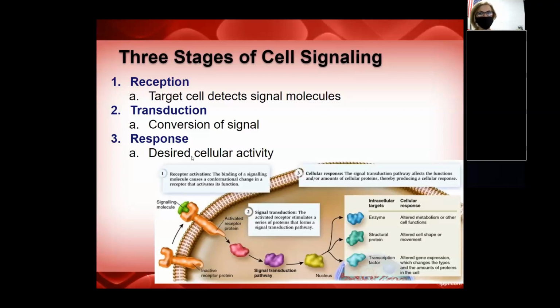So the final response, whatever the cell is supposed to do. Maybe it's supposed to reproduce, maybe it's supposed to produce interferon, maybe it's supposed to create another hormone. Okay, often we're creating enzymes or proteins that are going to be used by the cell or transported to be used by other cells.